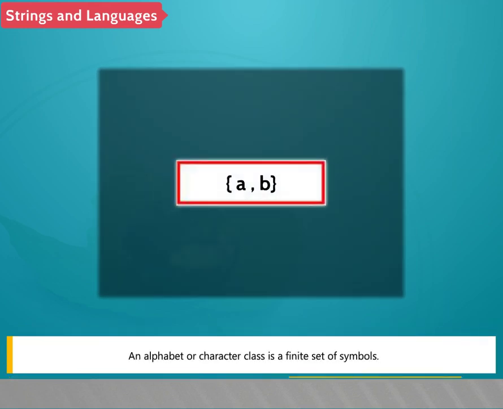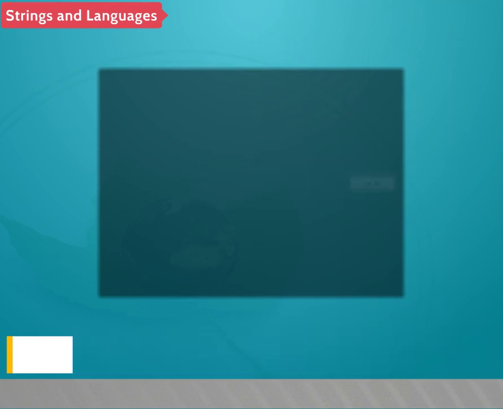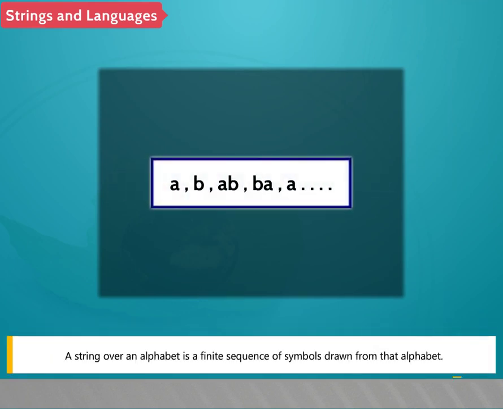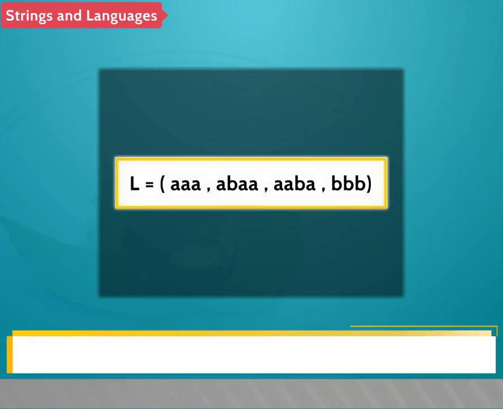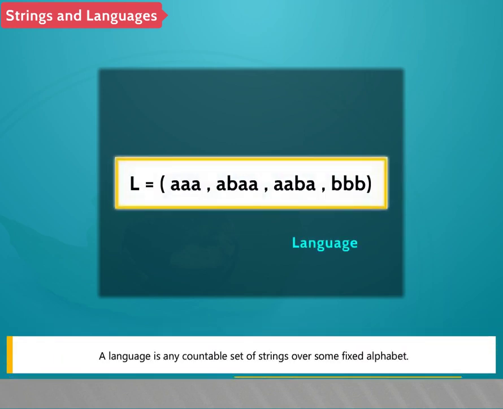An alphabet or character class is a finite set of symbols. A string over an alphabet is a finite sequence of symbols drawn from that alphabet. A language is any countable set of strings over some fixed alphabet.